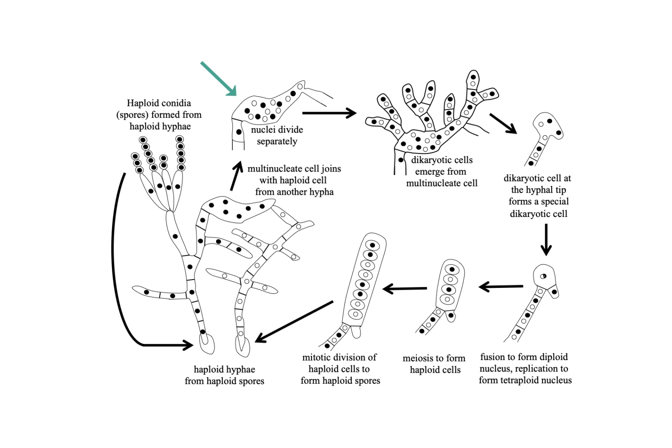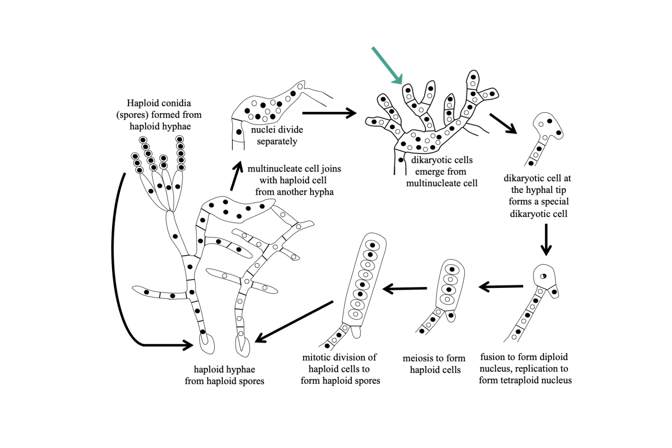Some of those cells become multinucleate, and they bud off the dikaryotic cells.